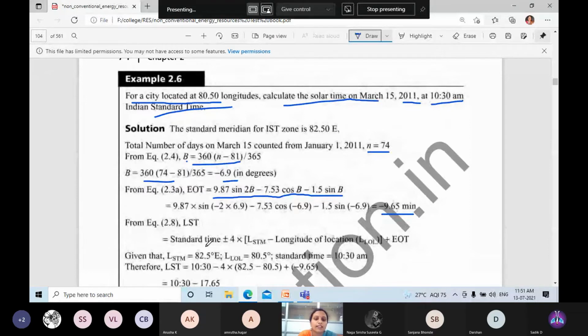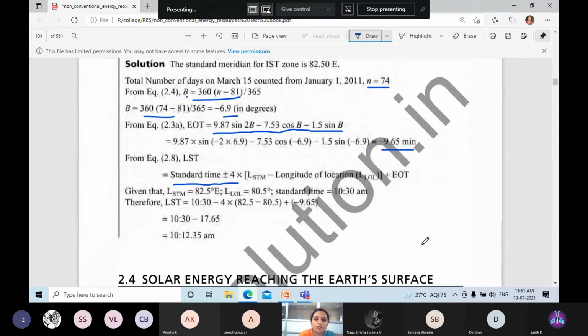What about the LST? The LST formula is standard time plus or minus 4 into (LSTM minus longitude of location) plus EOT. We know all the values, substitute here. LSTM is given as 82.5 degrees, LOL is 80.5, and the standard time is 10:30, right?